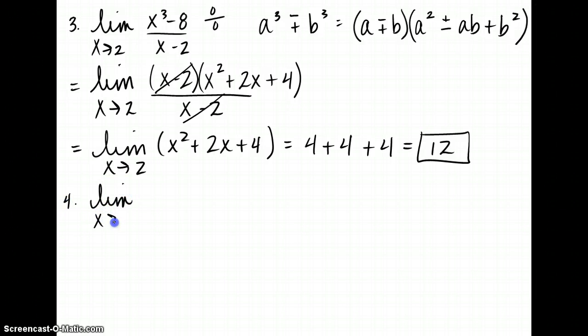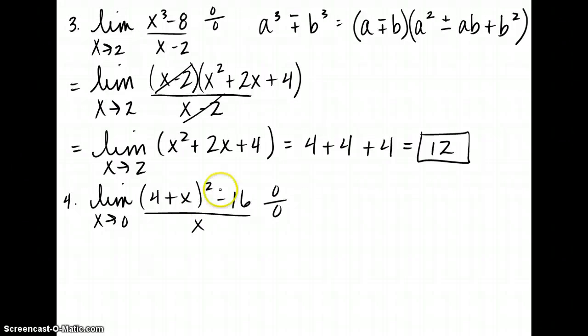Limit as x approaches 0, (4 plus x) quantity squared minus 16 all over x. Direct substitution of 0 gives me 4 squared minus 16, which is 0 over 0. Now when I look at this, I can't factor it, I can't rationalize it, and I'm certainly not going to expect you to graph this, but there's something algebraically you can do to the original.